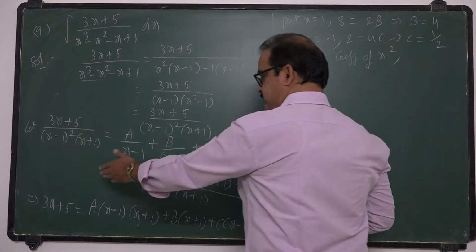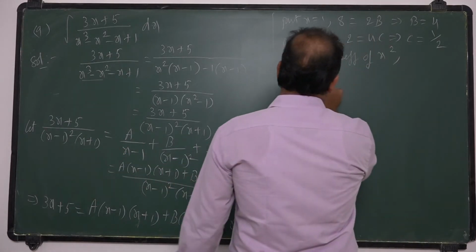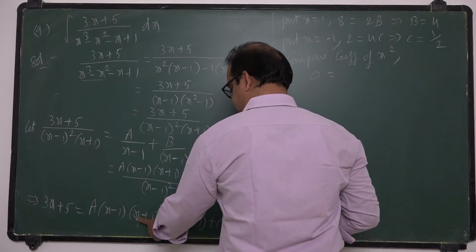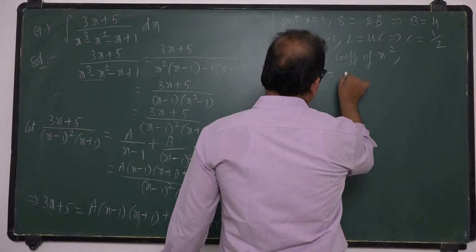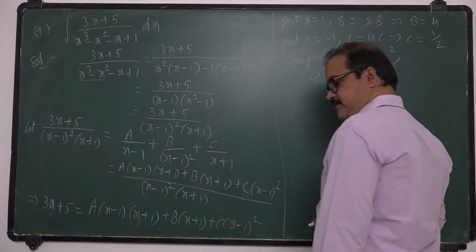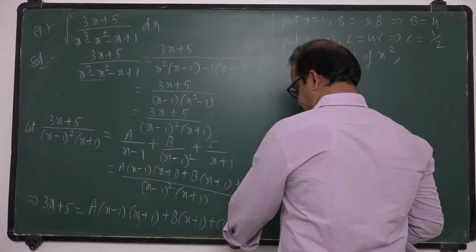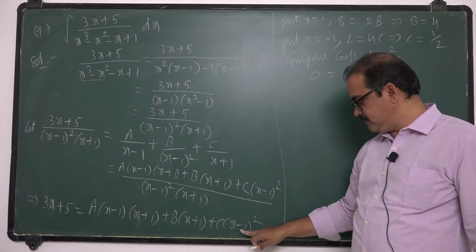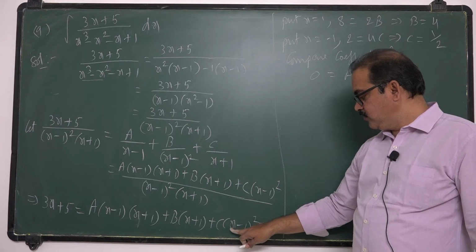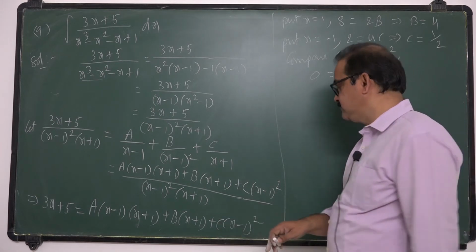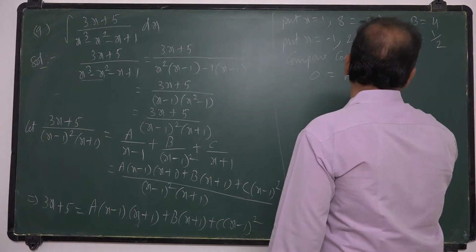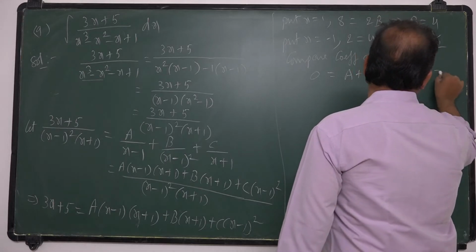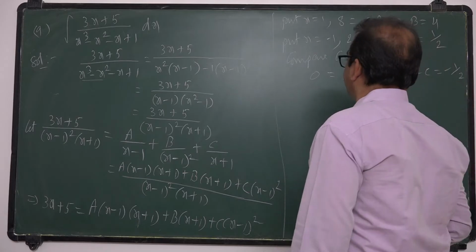But there is no x square term in LHS, so LHS 0 is equal to x into x, x square into a, coefficient of x square a. In this expansion, what is the expansion of x square minus 2x plus 1? Coefficient of x square, that is c. So a plus c. From this a is equal to minus c, that is minus 1 by 2.